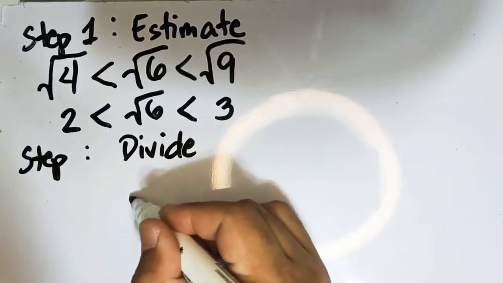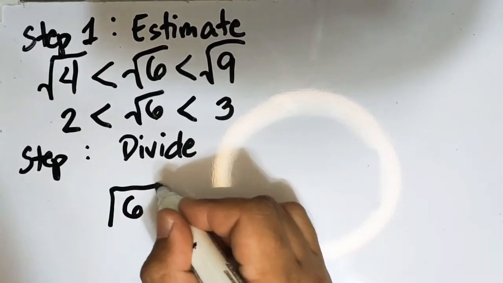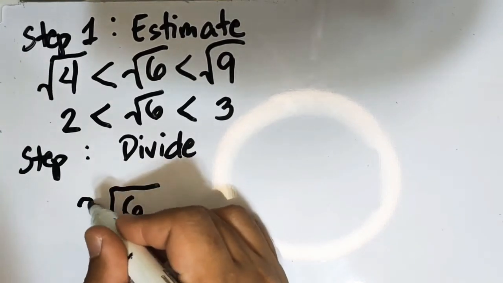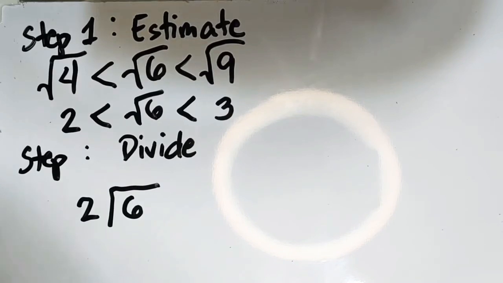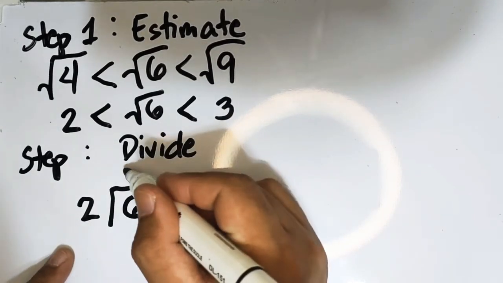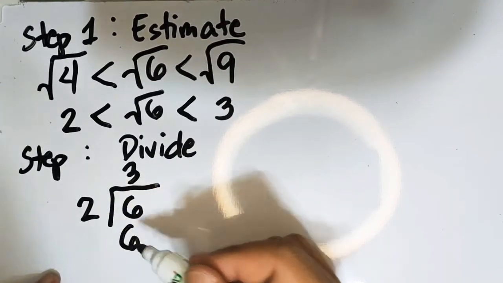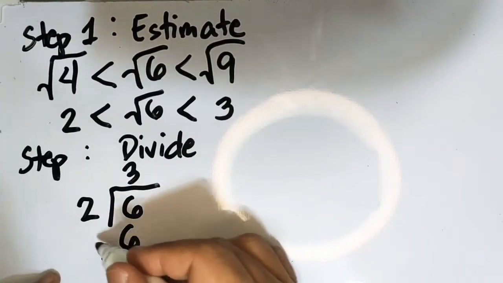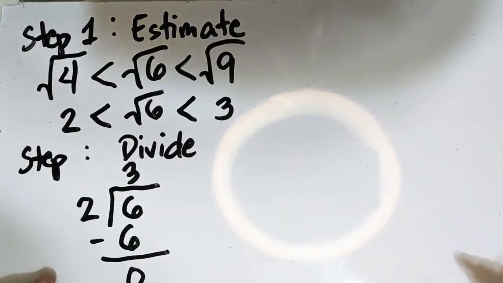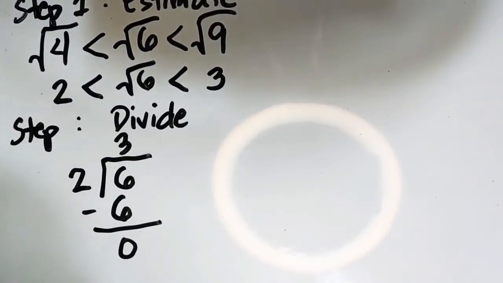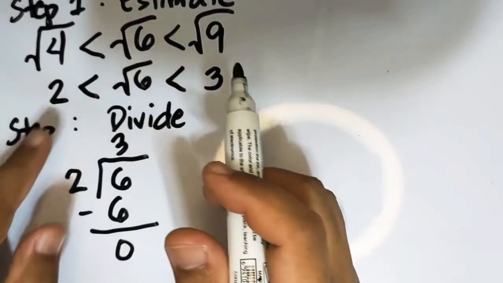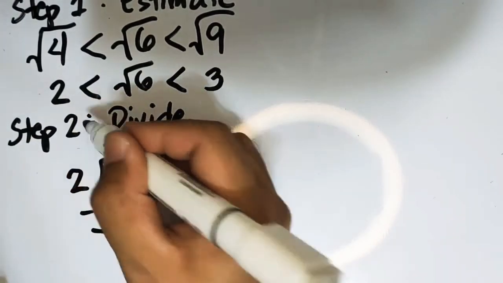So, we will divide 6 by 2. Okay? So, 6 divided by 2 is 3. 3 times 2 is equal to 6. Subtract, we got 0. So, ayan. That is step number 2.